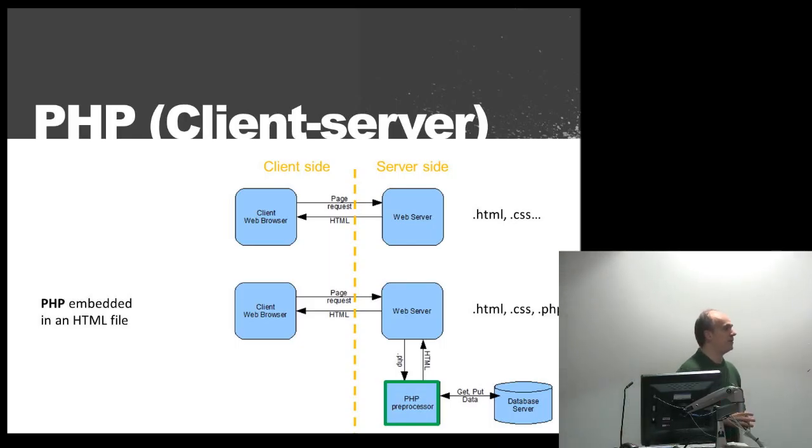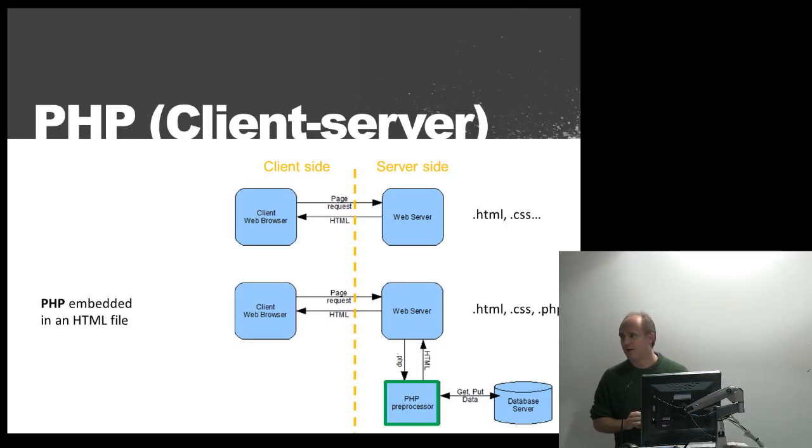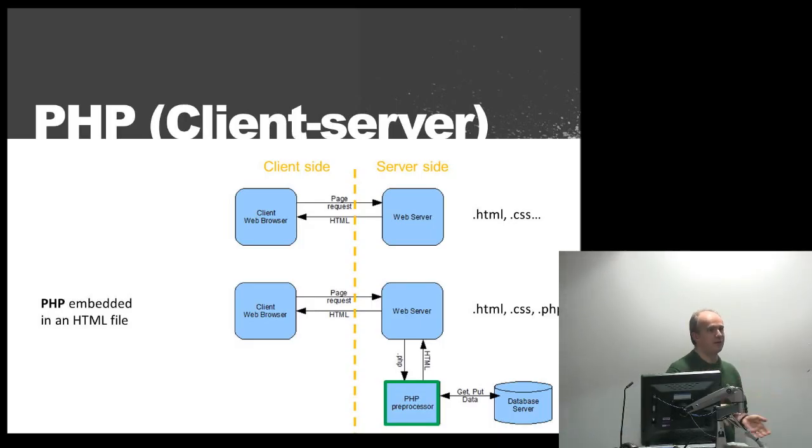So one way of doing it is to use PHP. We have already seen how PHP can be used with forms and extract the data of the form and do some computations. PHP can also allow you to manipulate databases. You remember how PHP works? You have a PHP preprocessor, which usually is not on your machine. So it's on the server.